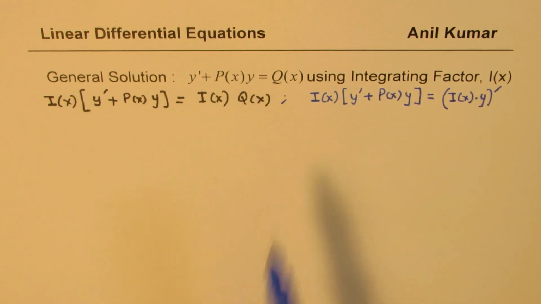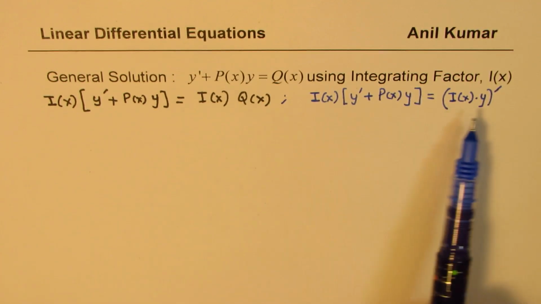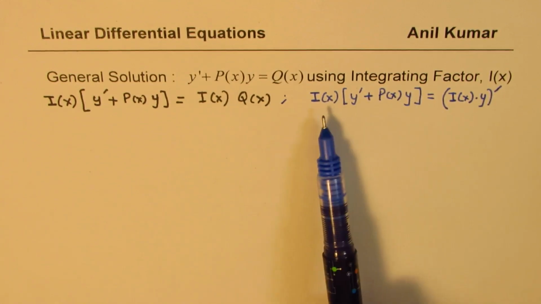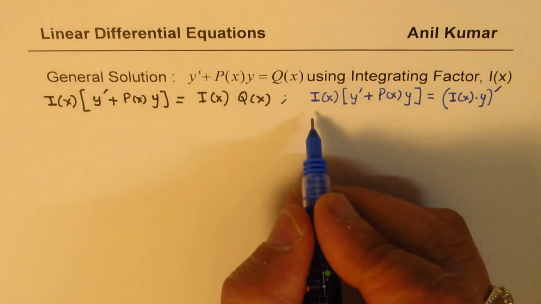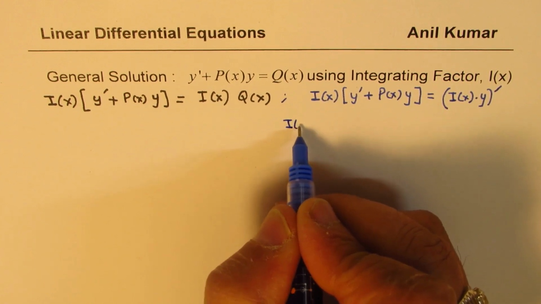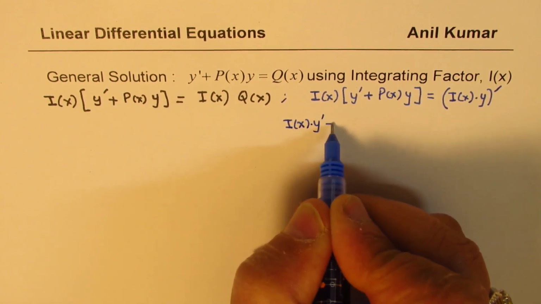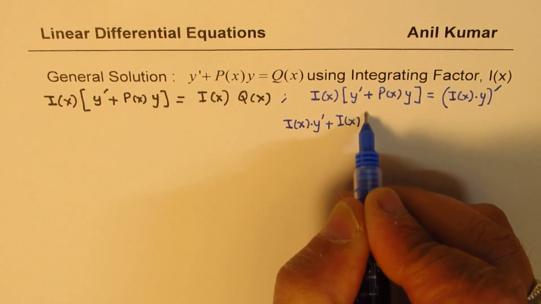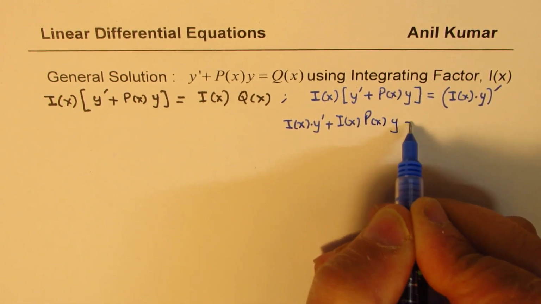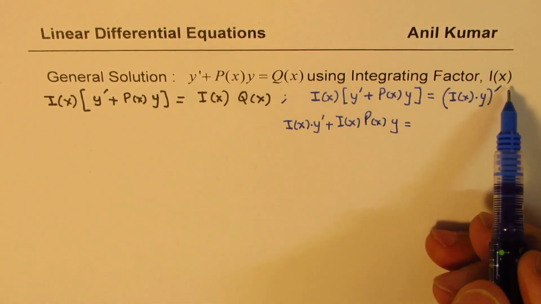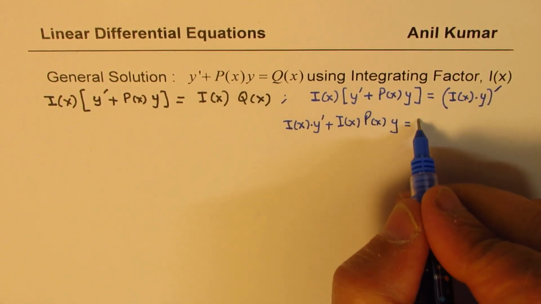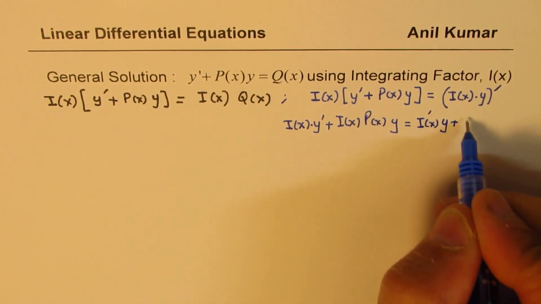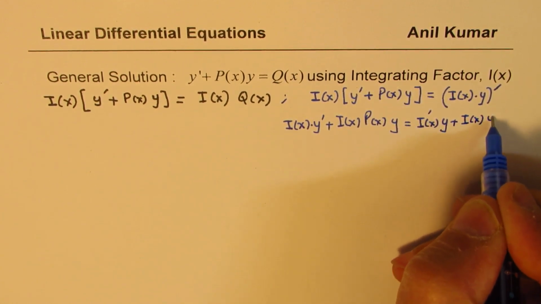Now let's try to understand this particular equation itself. If I expand this equation, I get I of x times y dash plus I of x p of x y equals, applying the product rule, I dash of x y plus I of x y dash.